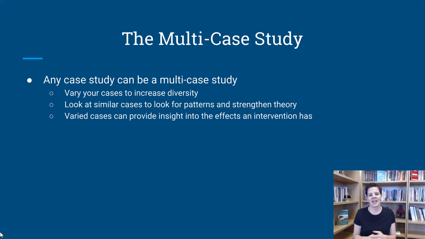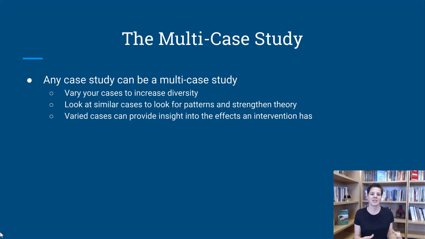Now, you can also look at similar cases. So let's say, back with the students that vary in their English speaking abilities, you want to do a case study on five people within that, and they're brand new to the country. They don't speak English at all. Okay, so they're all pretty similar in their abilities, and that's fine too.